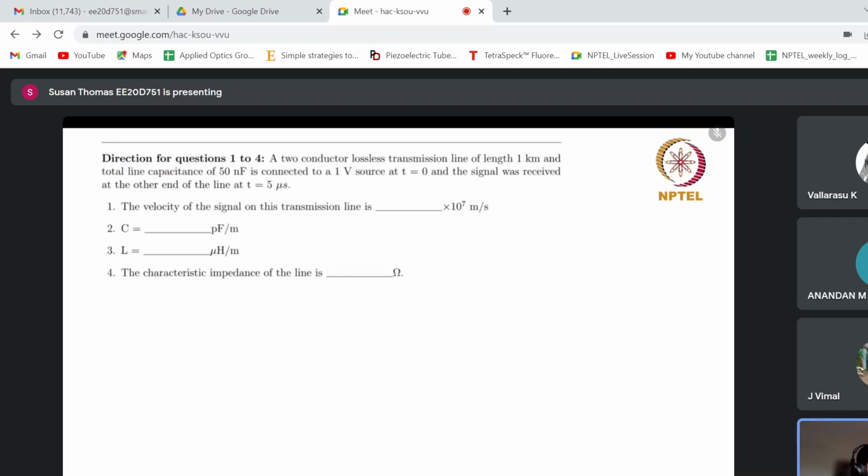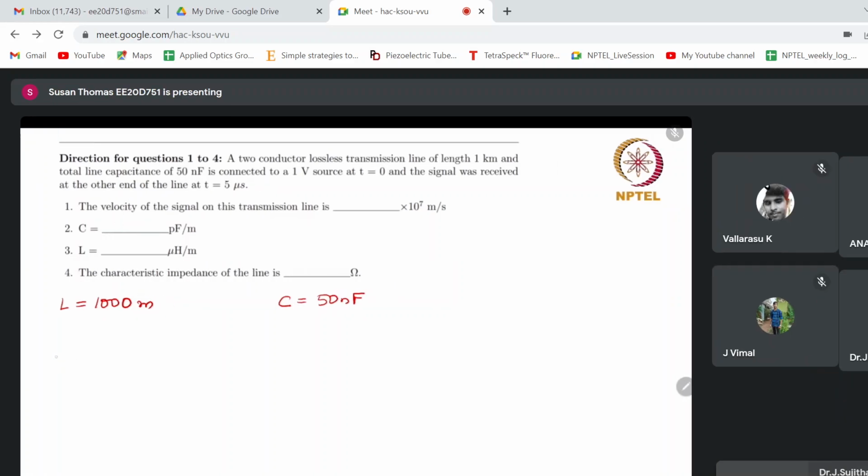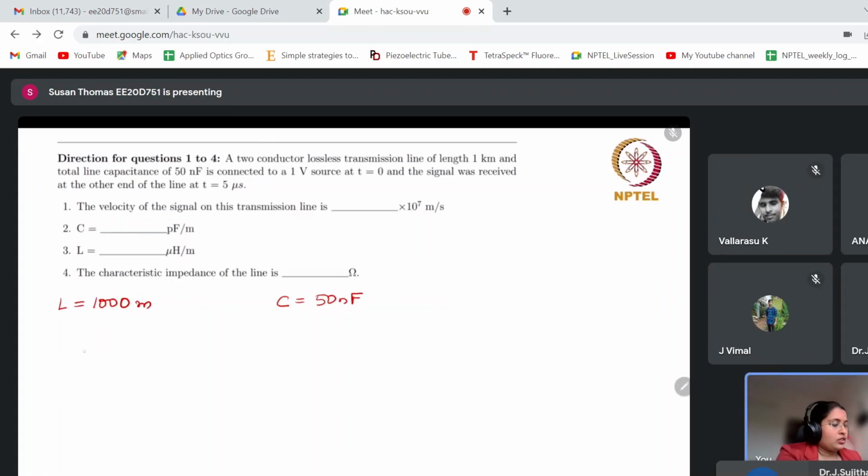So to start with, the length of the transmission line is 1000 meters or 1 kilometer, and the line capacitance connected to the source is 50 nanofarad. It is mentioned that it is connected to a 1 volt source at t equal to 0, and the signal was received at the other end.